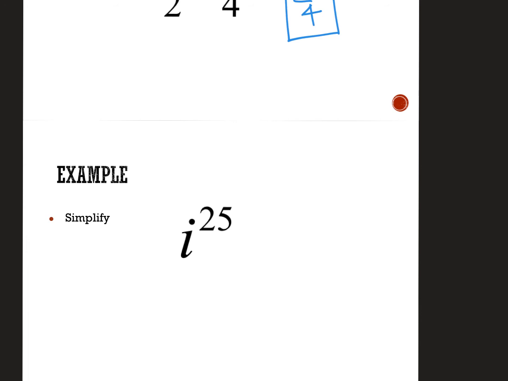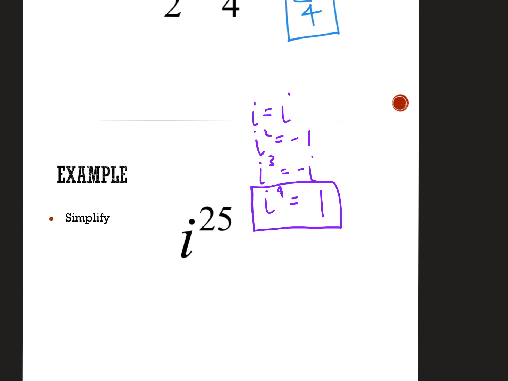But what I want you to remember is that i equals i, i squared equals -1, i cubed is -i, and i to the 4th is 1. And then everything after that repeats itself. But probably the most important thing is every 4 i's that you see end up equaling 1.